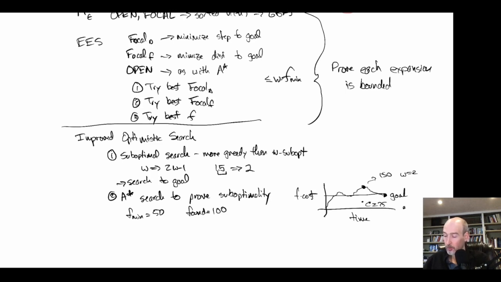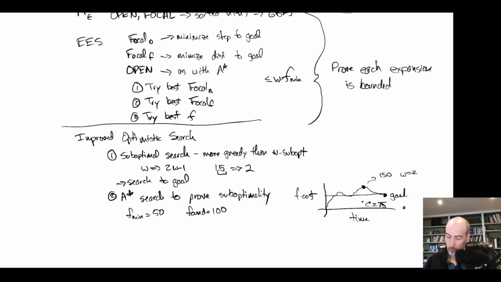And now if my actual bound I'm looking for is 1.5, so that's 75, or let's say that my bound is 1.333 to make this a little bit easier, then this would actually say that a solution of 100 would be within that bound.